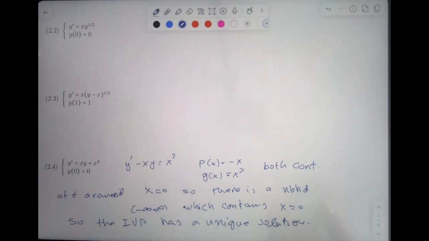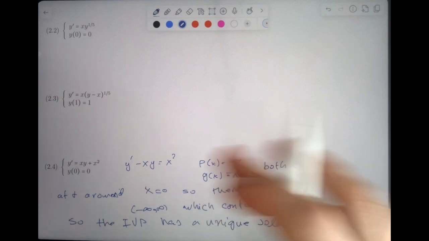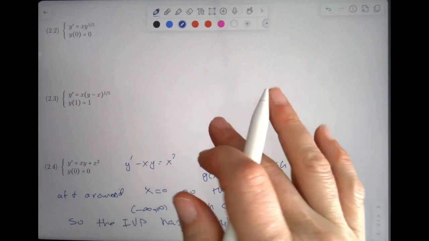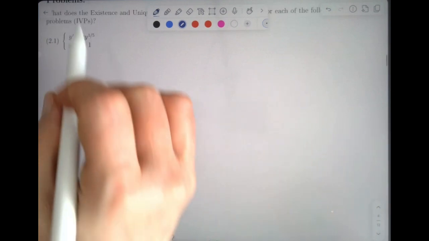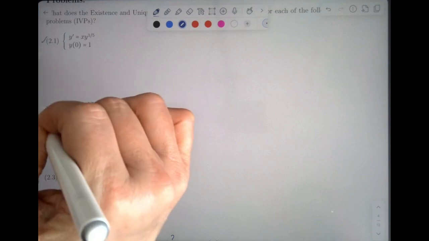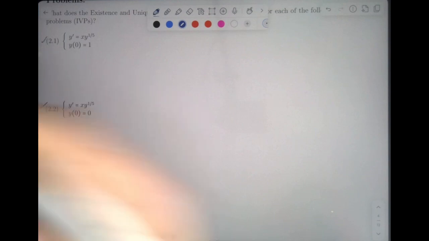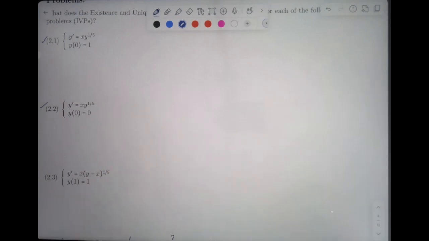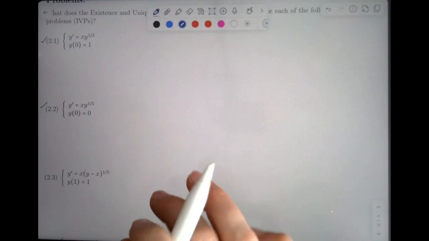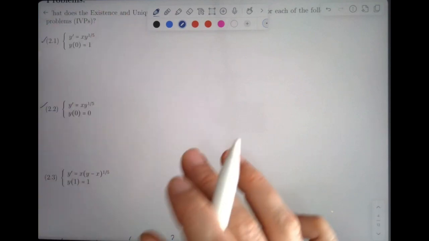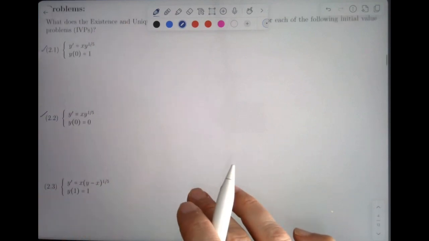Now there are a couple that are separable, this one and this one. Anyway, we have to figure out f and find the partial of f because they're not linear. None of these three are linear.